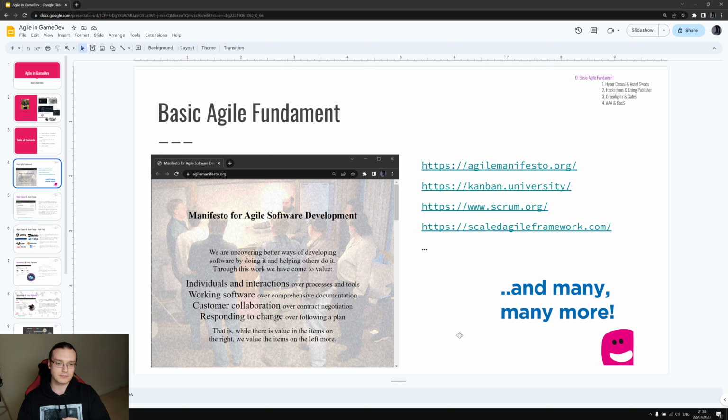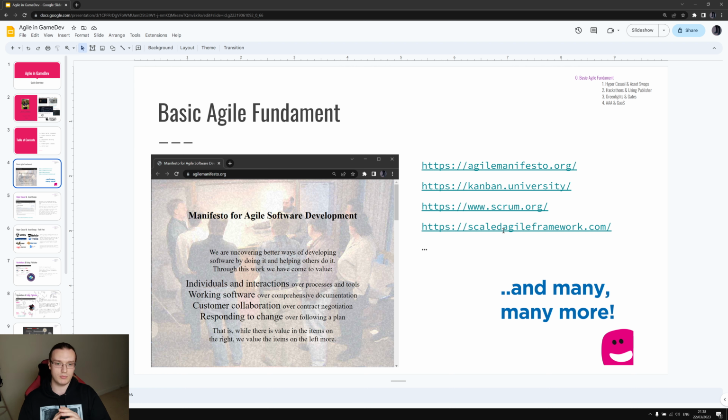There is a separate video, and separate discussions, on what the Agile Manifesto values and principles are. You can find it somewhere. But during this presentation and during my research of all the different Agile approaches in game development, something that came up almost all the time is the Agile Manifesto, then some parts of Kanban, some parts of Scrum, and some parts of the Scaled Agile Framework.